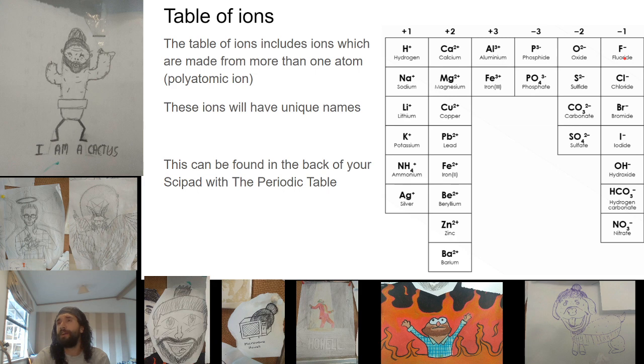And they've all got endings with "ide": fluoride, chloride, bromide, iodide. Oxide and sulfide, they have 6 electrons in the outer shell. They want to gain 2 to become stable. When they gain 2 electrons, they get a charge of 2-. They're going to change the name to sulfide and oxide.